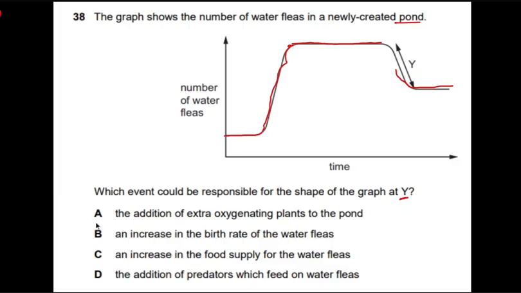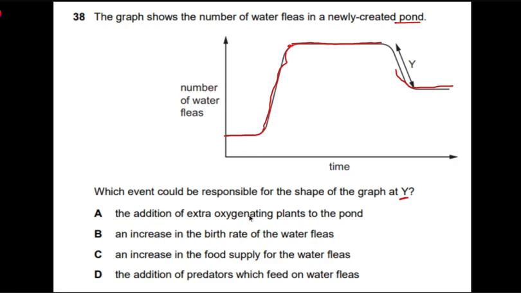We have the first option, which says the addition of extra oxygenating plants to the pond. These flies are aquatic animals, so they depend on oxygen which is dissolved in water.